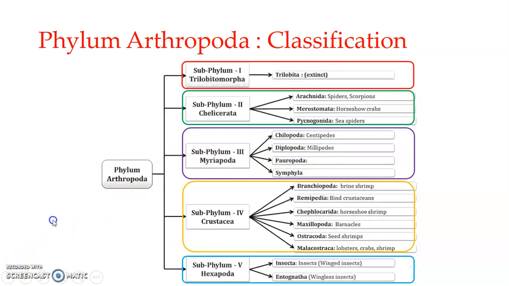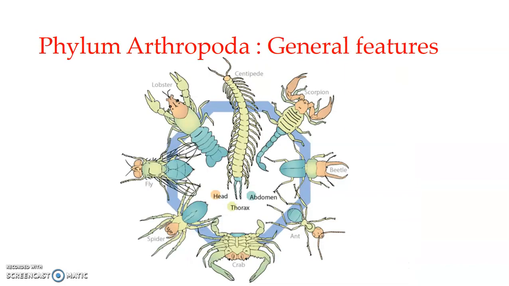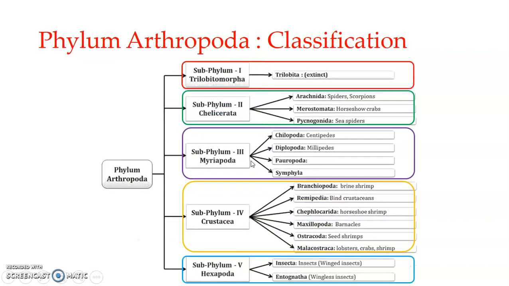The term has come from 2 root words, myria and podos, which means many-legged ones. So you are familiar with millipedes and centipedes. They have plenty of jointed legs on their body, isn't it? There are plenty of legs all along their lateral sides. This is what has given them the name Myriapoda, which means many-legged.